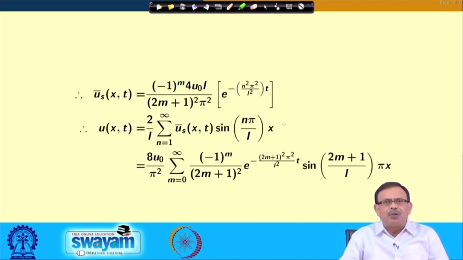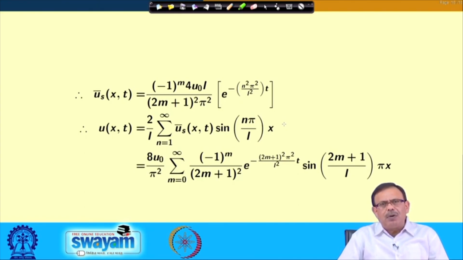So, I hope it is clear to you now that whenever I have to solve a boundary value problem, and in the boundary value problem for a particular variable we have a finite range, that is 0 to L, then using either finite Fourier cosine or finite Fourier sine transform, convert the PDE into a first order ODE, find the solution of the first order ODE, and find the value of the constant using the given conditions.